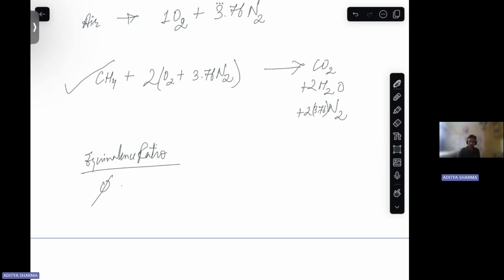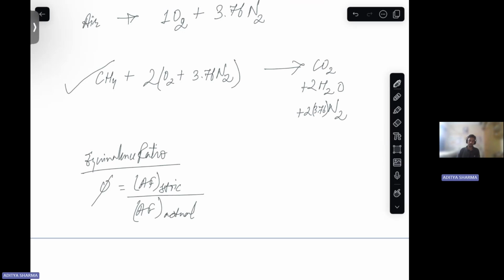So this phi basically is the air to fuel ratio at actual, divided by the air to fuel ratio at stoichiometric. In the ideal case, the fuel is neither rich nor lean, right?